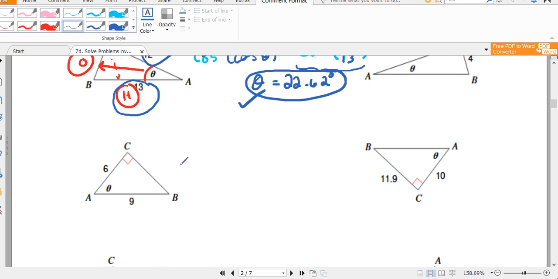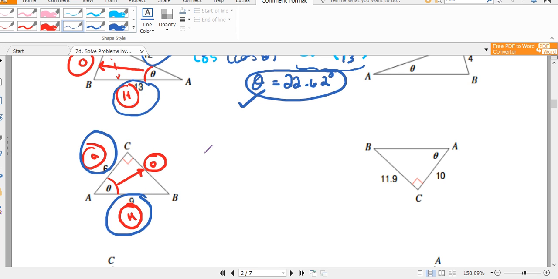Let's try this one. So here is my angle, which means directly across from it would be my opposite. And now where's my 90-degree angle? There it is, which means this is my hypotenuse, which means this is my adjacent. Now, which two sides have numbers on them? Well, H and A. So it looks like it's cos again. So I'm going to have cos of theta is equal to, now SOHCAHTOA, let me scroll back up.